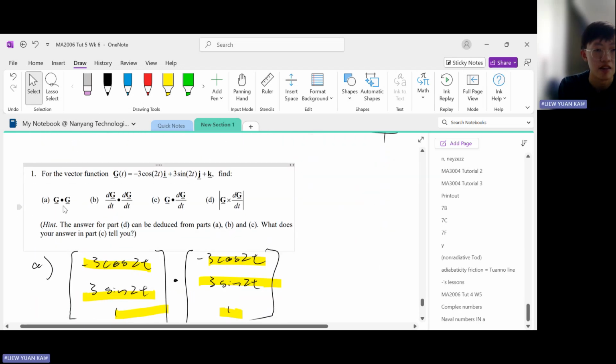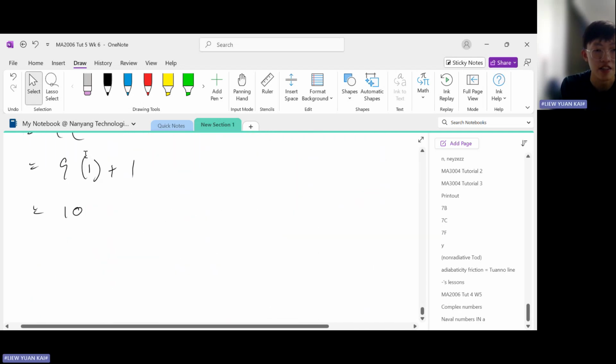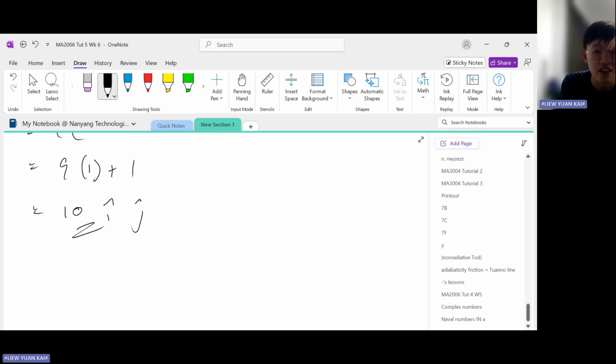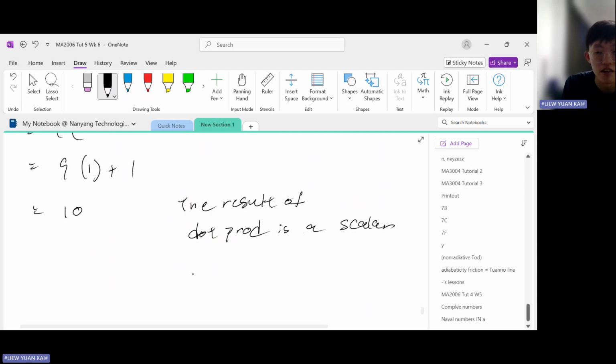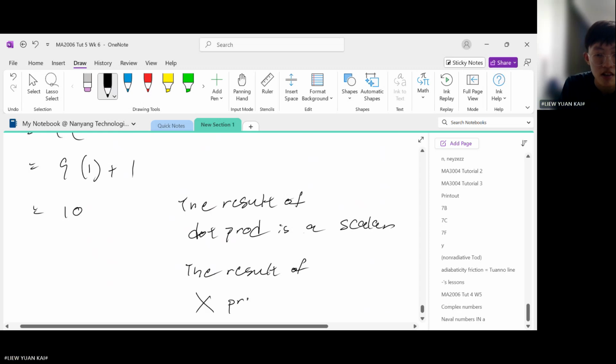Notice that dot product of two vectors is a scalar. See, this is a scalar, it's not a vector. There's no i, j, k, and it's not written in a column vector form. So the result of dot product is a scalar. So it's just a number, an ordinary number. Conversely, the result of cross product is a vector.